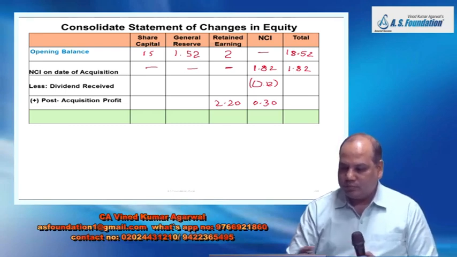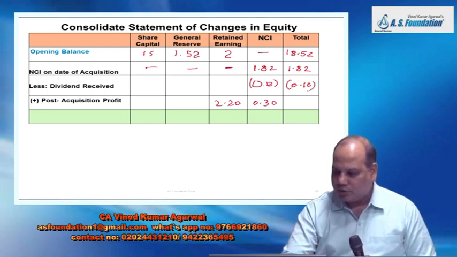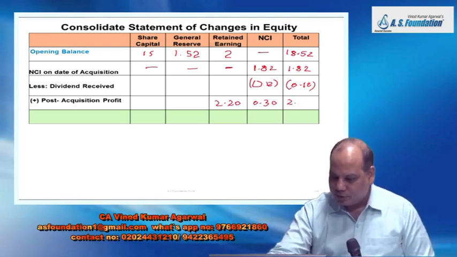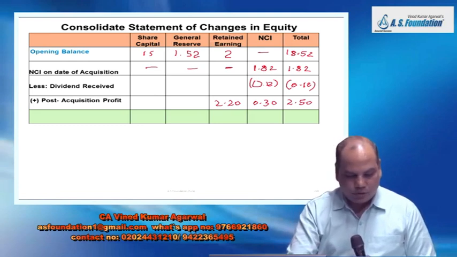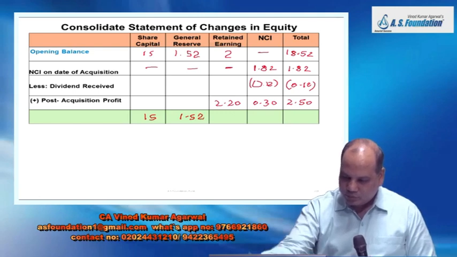And NCI 1.82, 0.12, this is 2.5. Now tell me the total. 15, 1.52, 4.